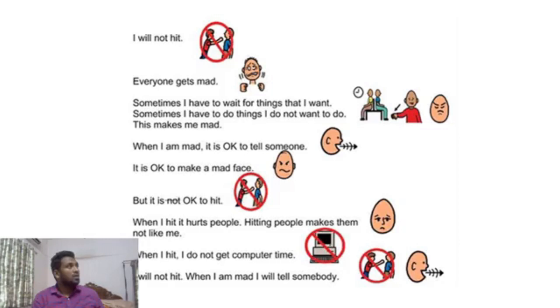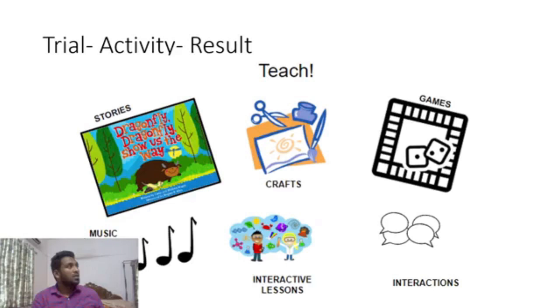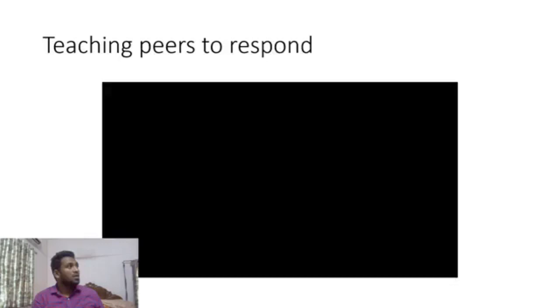The communication partner reads it for the child, points to each image, and again uses multimodality with vocalization. You can use this AAC not only while sleeping or eating, but while reading stories, doing craft work, playing games, playing music, or in a peer interaction.